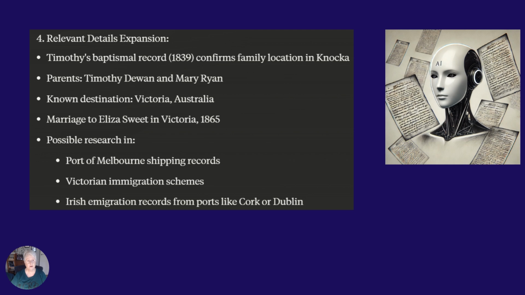And finally, in the relevant details expansion, Claude noted further really useful points in the response, including the importance of the baptism record, because it would confirm family location in Knocker.